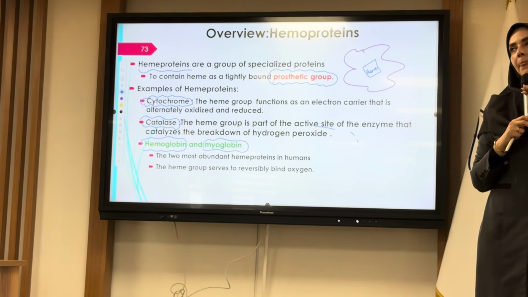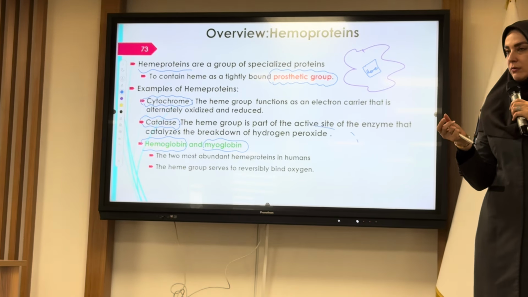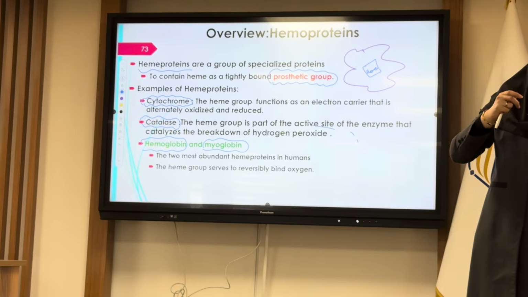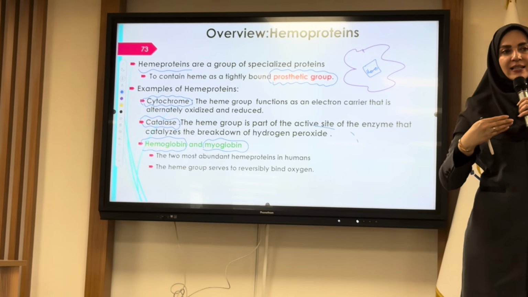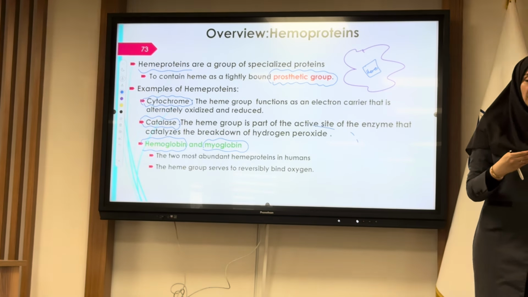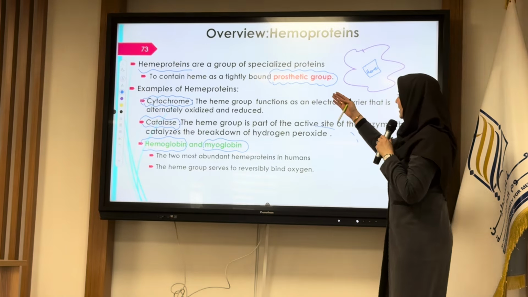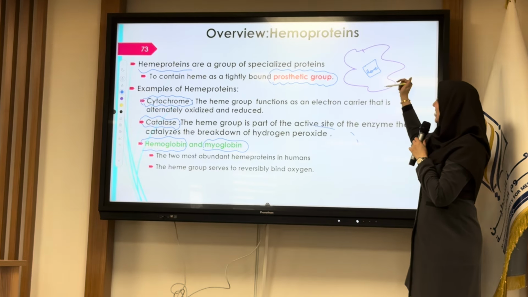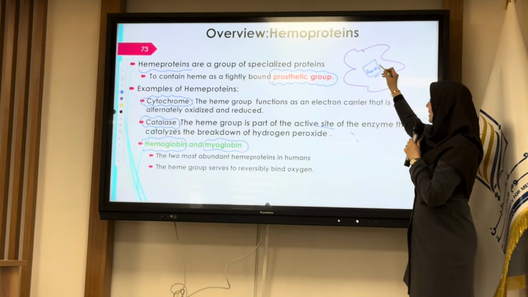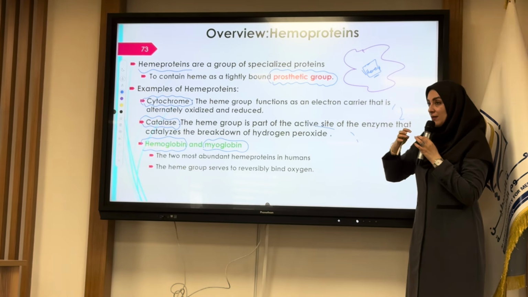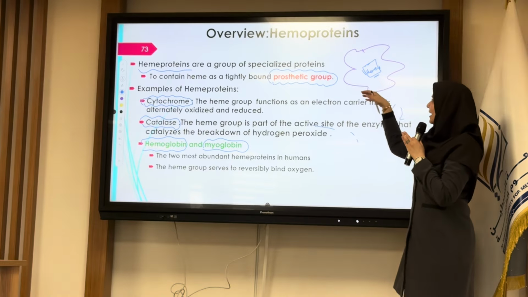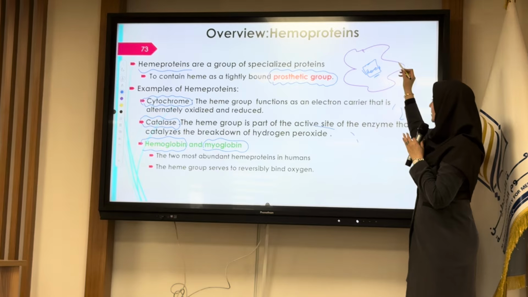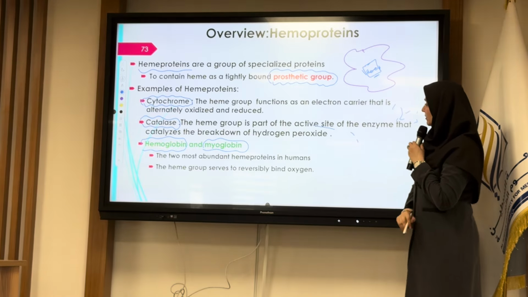For example, vitamin B1 is added to some enzymes to accelerate and complete their function. So a prosthetic group means a group that is tightly attached, with a strong bond, to another part. For example, this part is protein, this is a prosthetic molecule.